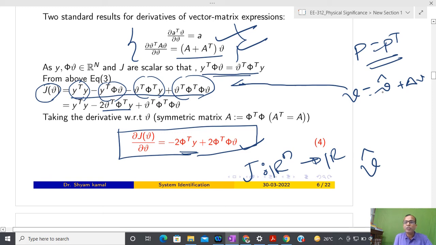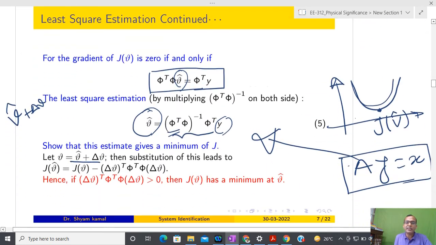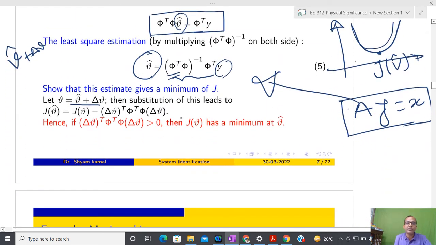Everywhere you will have nu cap plus delta nu, and after that collect all terms. It is possible to show; that kind of calculation I haven't written here, so please do it by yourself.